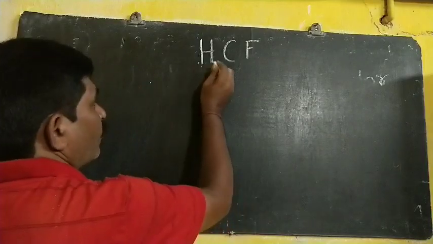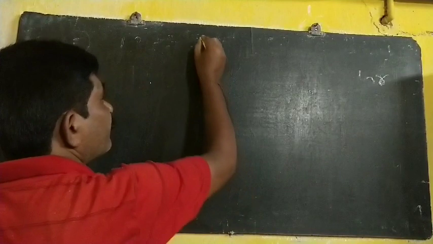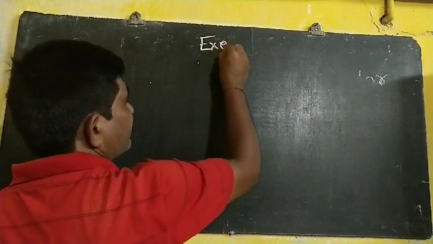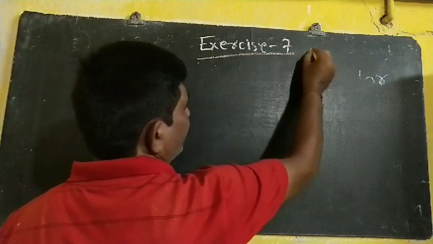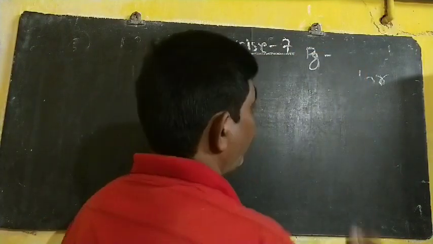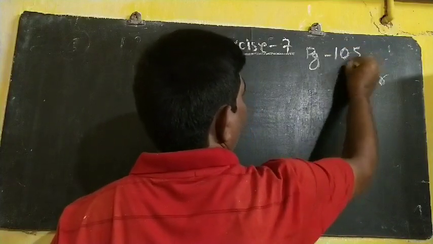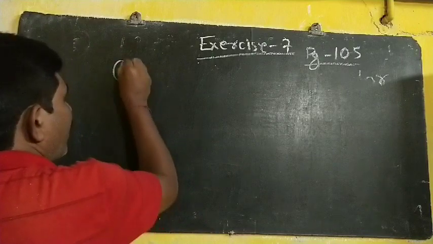Exercise 7. We'll do exercise 7 here, page 105. Number 1. How to do it?